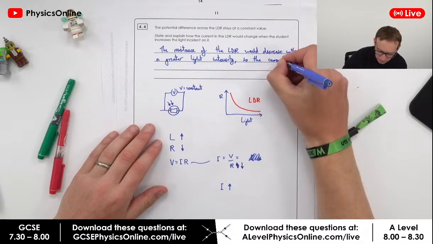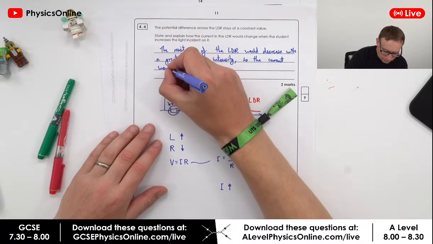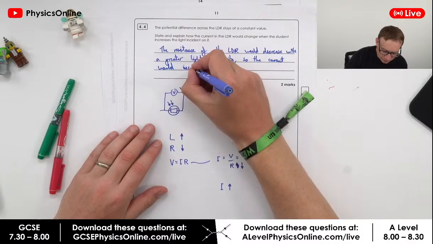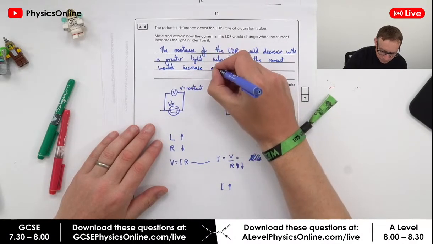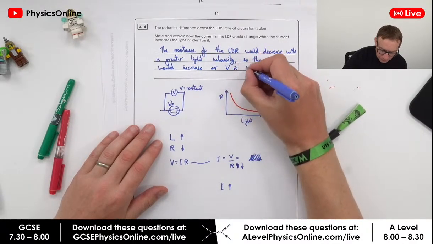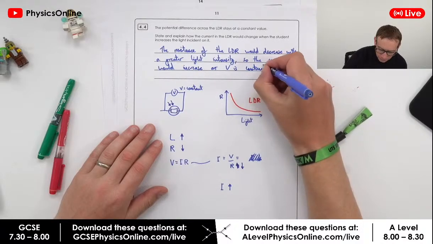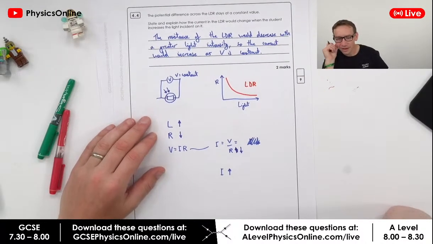So the current would increase as V is constant. Okay, hopefully that's all right.